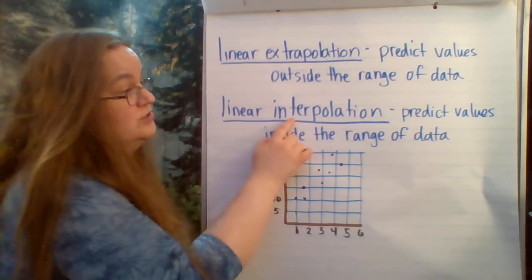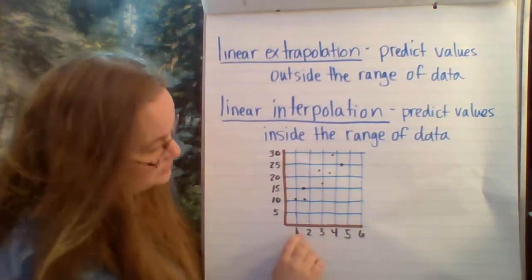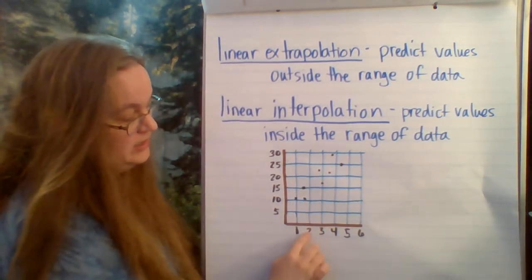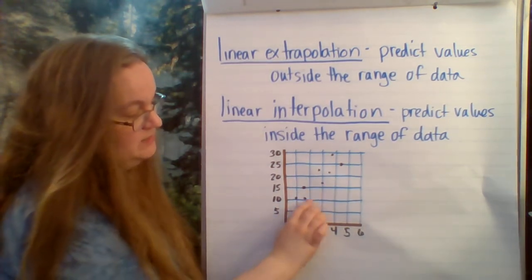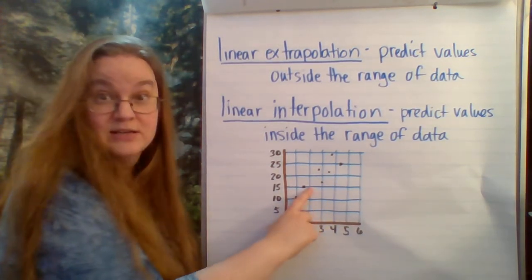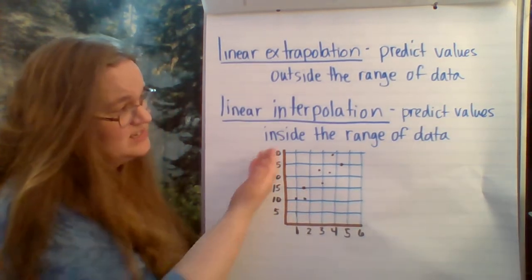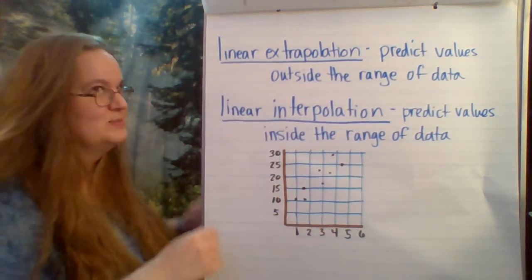A linear interpolation is predicting the values inside the range. So for instance, I don't have a value for what it would be when x is 2. But if I draw a best fit line, I can make a prediction about what it would be at 2. And so that's where we're doing the linear interpolation. It's a big word to say.